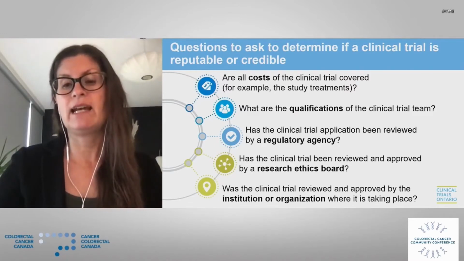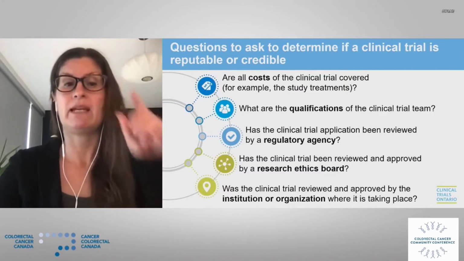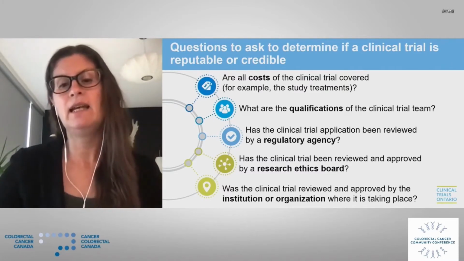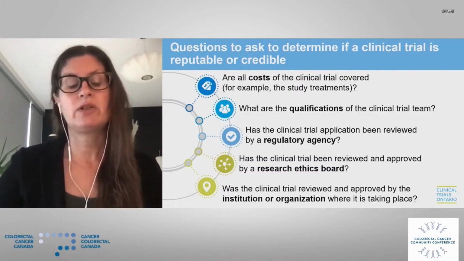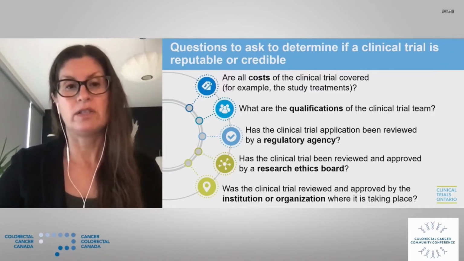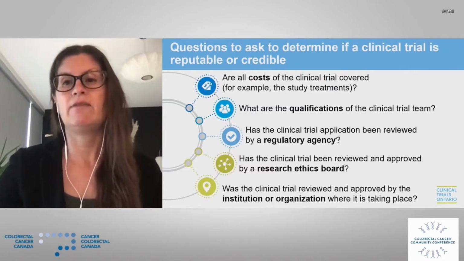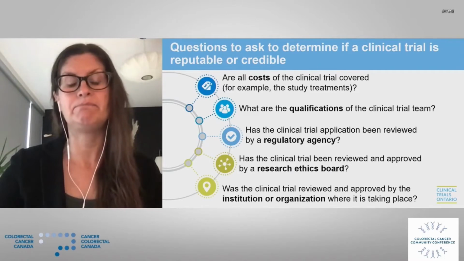And here they're looking at the perspectives associated with being a participant in the study. And then the institution or organization where the clinical trial is taking place also needs to review and sign off on the clinical trial. So those are a few things to look at for you to decide if a clinical trial that you're interested in is reputable or credible.